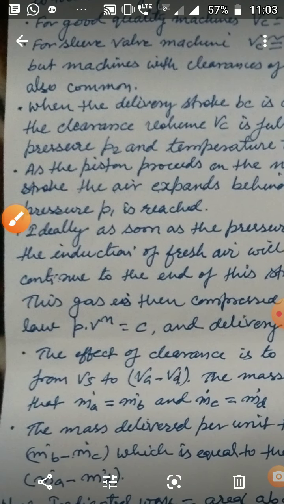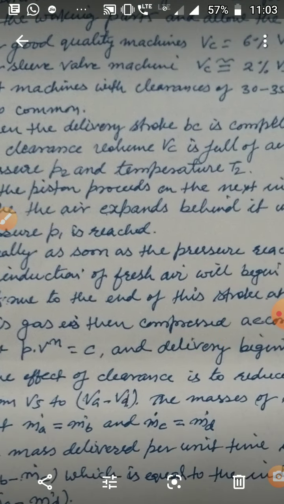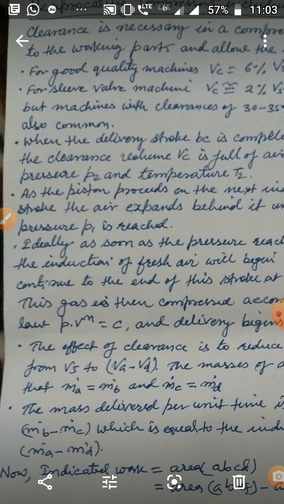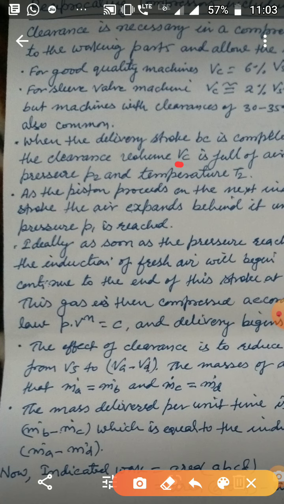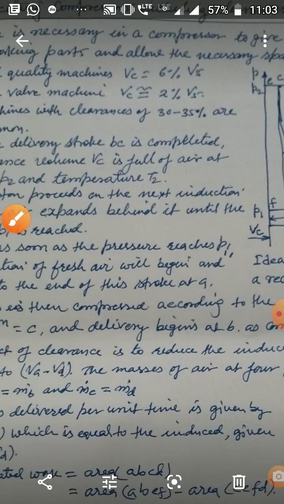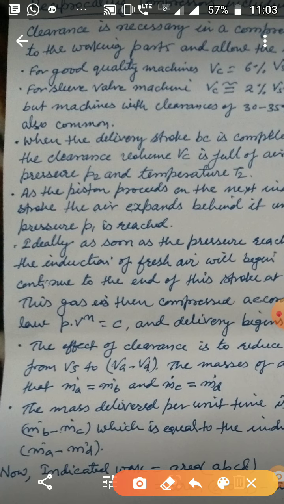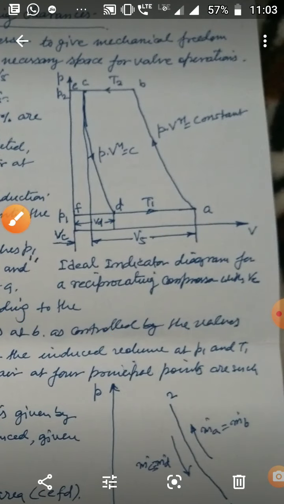So what happens when the delivery stroke BC is completed? The clearance volume is full of air at pressure P2 and temperature T2. This can be seen from this curve.